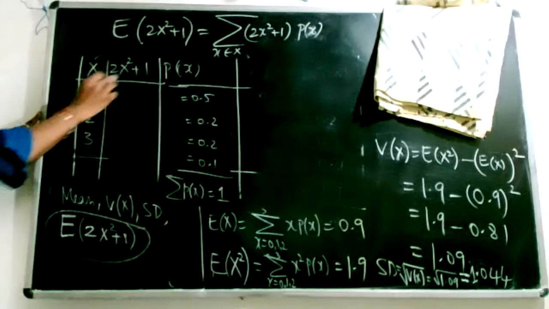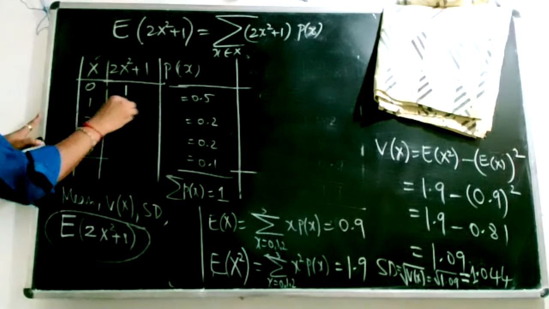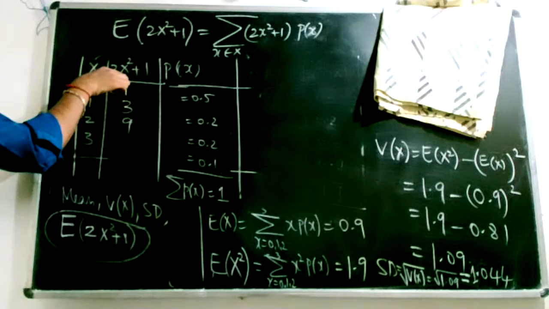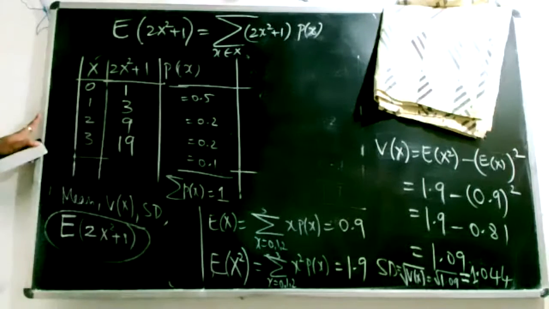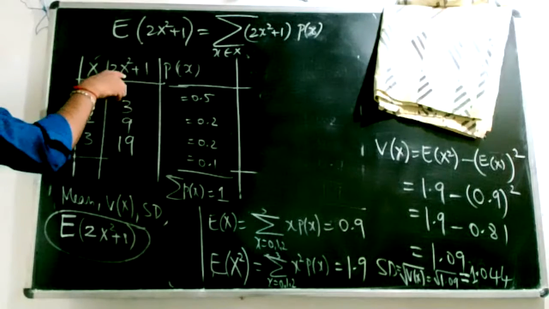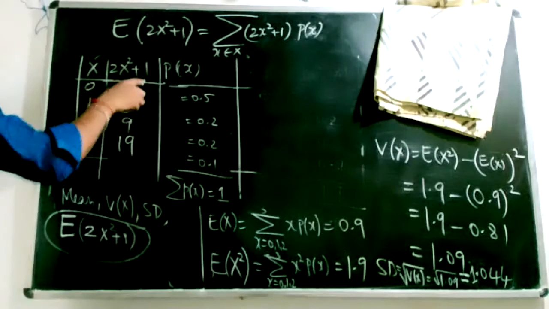When x is 0, 2x square plus 1 is 1. Then this will be 3, 9, and 2 into 9 plus 1, 19.